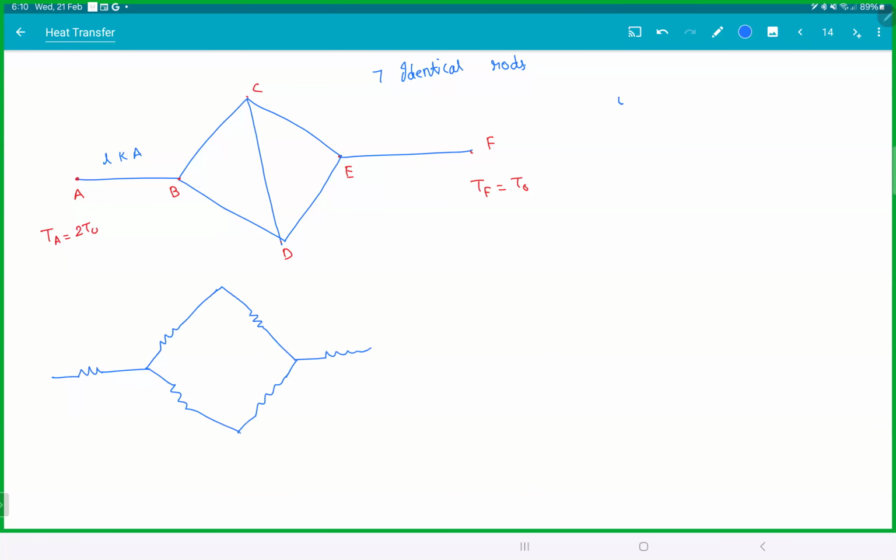So here it's a Wheatstone bridge, so CD can be removed. No heat will flow, so what is the point of keeping that rod? Take them as R. Aryan, just look at your answer.